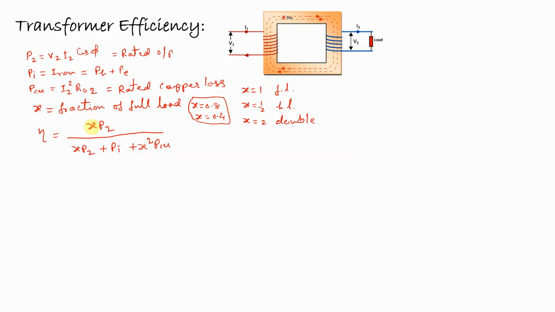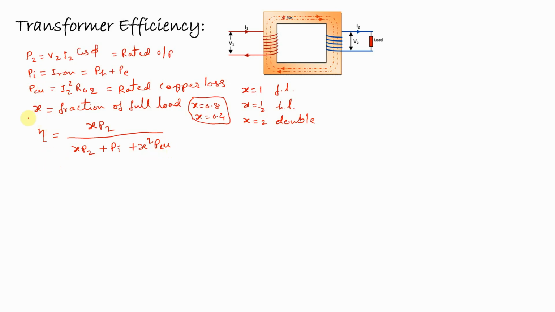So here the load is X fraction of the full load, therefore the copper loss will be X square times the rated copper loss. Here PCU is the rated copper loss, it is constant for a particular transformer. But X square PCU indicates the amount of the copper loss in that particular condition in which the transformer is operating.